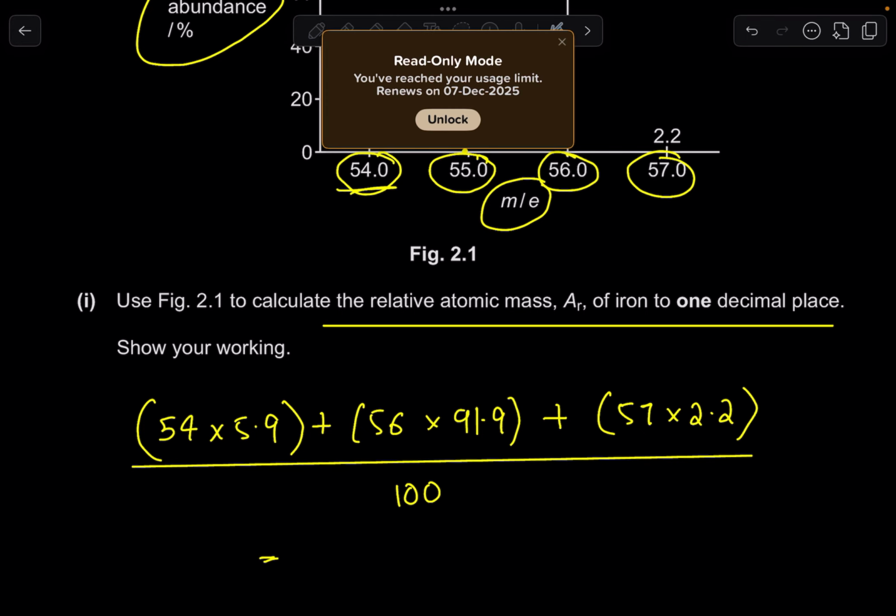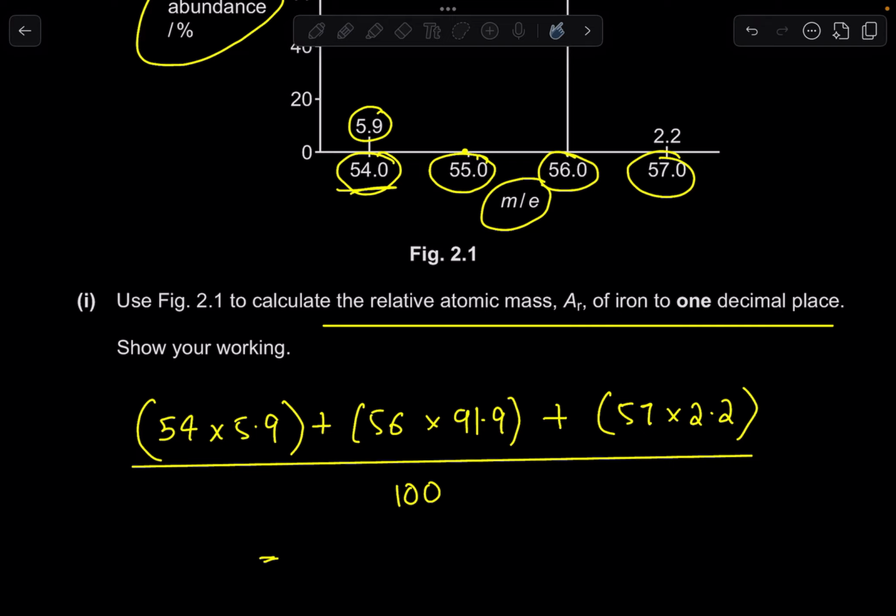Where's my calculator? I'm going to plug this entire thing into my calculator and see what I get. So it's going to be 54 times 5.9, all upon 100, plus 56 times 91.9 plus 57 times 2.2.